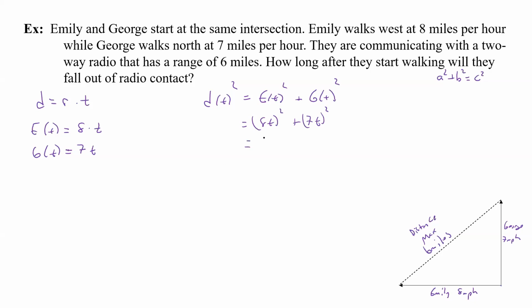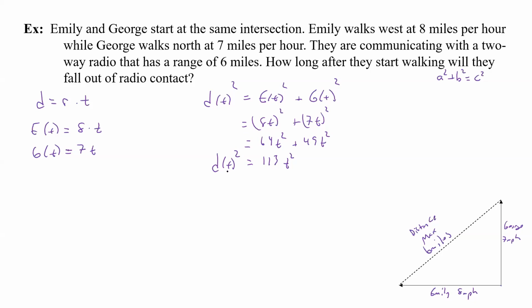So here we simplify, that's 64t squared plus 49t squared. And so what's that equal to? That's going to be 113t squared, and that's equal to the whole d of t squared, okay?